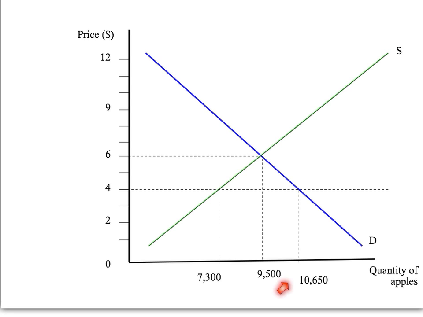So we're going to have a situation of excess demand. The excess demand will be given by the difference between the amount that buyers would like to buy and the amount that sellers want to sell at that price of $4 per kilogram. And because there is excess demand, because the amount buyers want to buy is more than the amount that sellers would like to sell, we expect the price to start to rise by our dynamic assumptions.